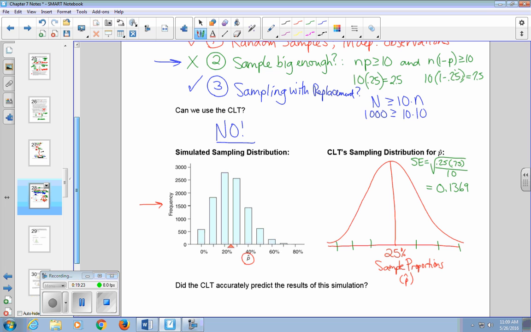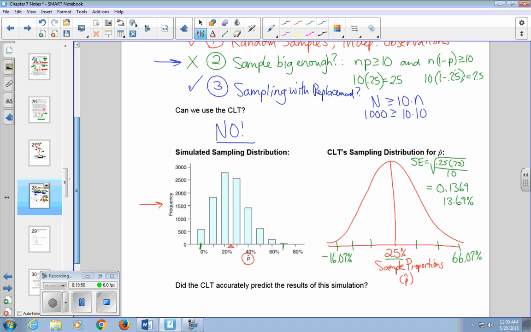And so if I put in a few more numbers on my axes, in particular, let's look at 3 standard errors away from the center. I'll leave it up to you to double check this, but if you multiply this standard error by 3 and add it to the center, you're going to get 66.07%. Over here on the other end, you're going to get a negative number, negative 16.07%. And notice those aren't doing a very good job of predicting where this distribution started on the left, though the right end is somewhat similar.